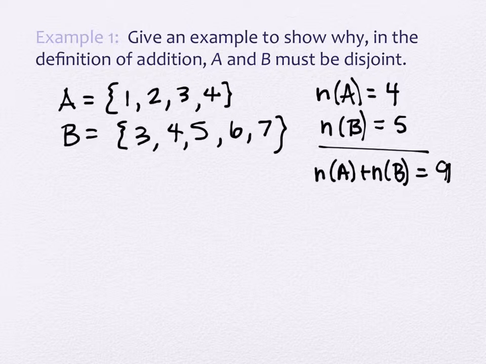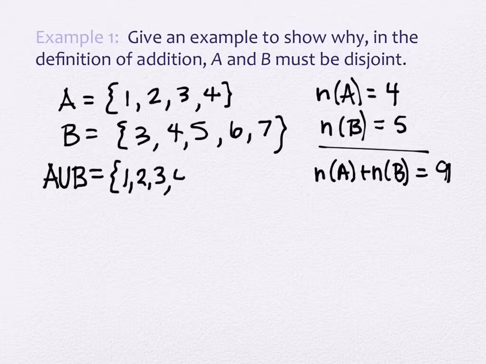Okay, everybody good so far? Now let's come back over here and find A union B. What would A union B equal? 1, 2, 3, 4, 5, 6, 7.